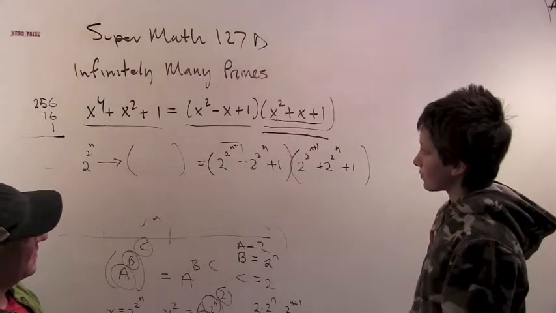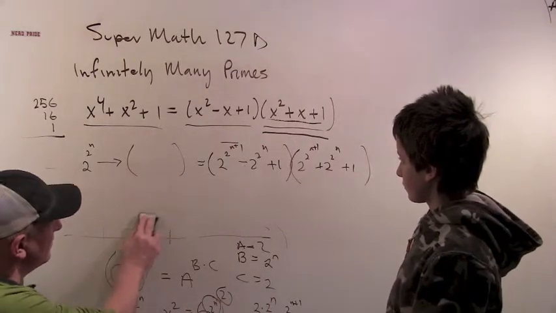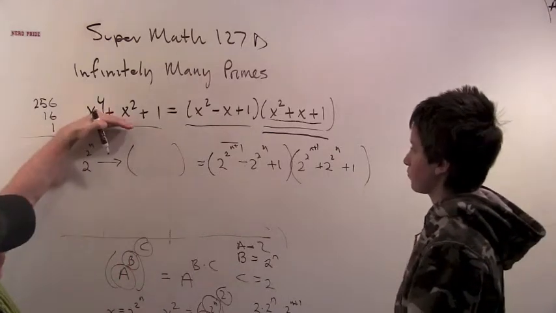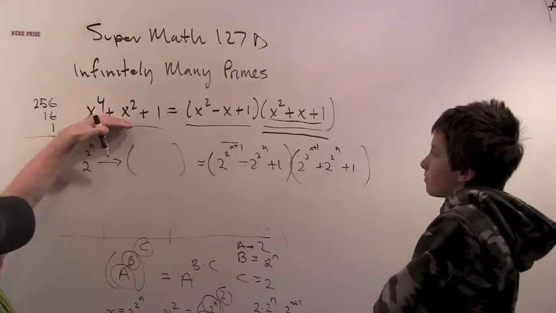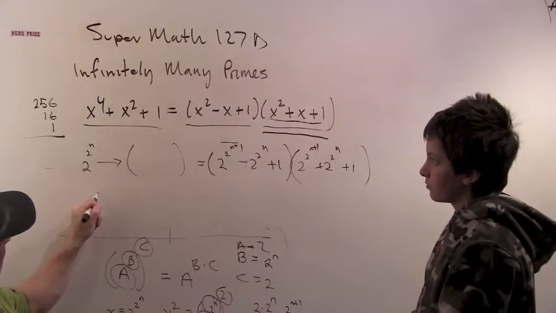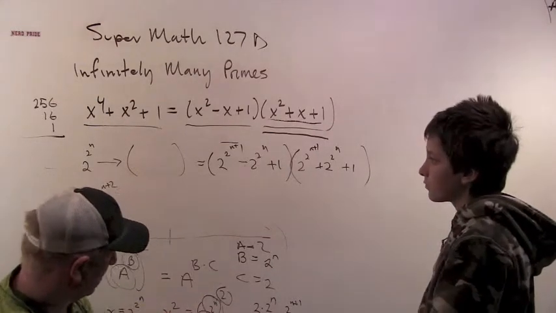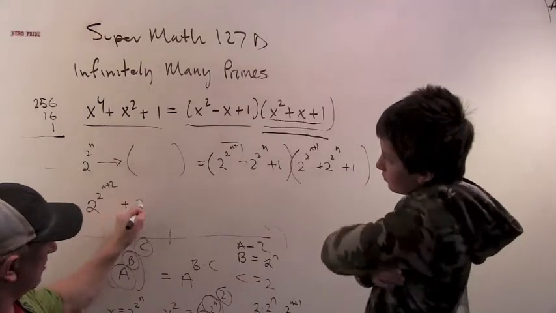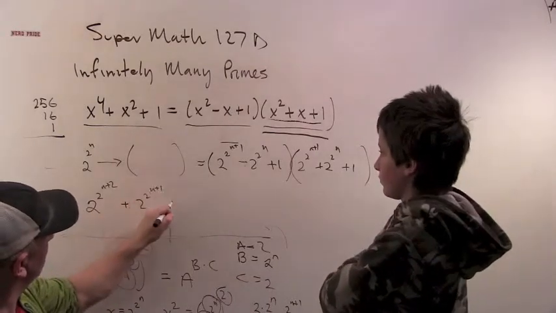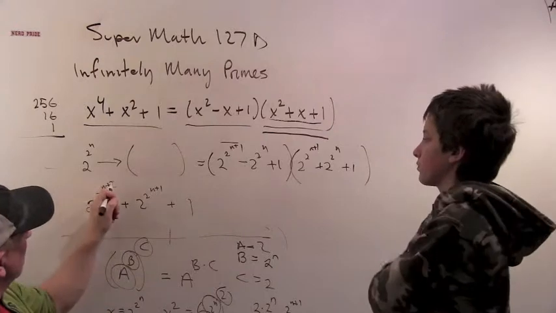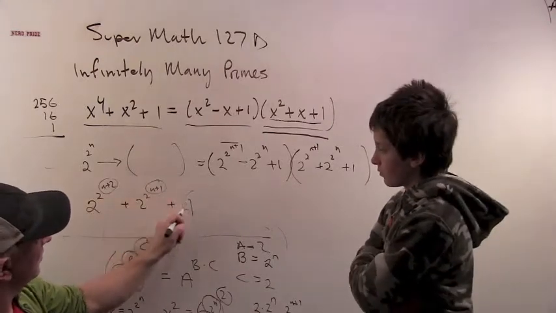So an interesting thing happens. This number, which is 2 to the 2 to the n plus 2, that's what we said x to the 4th was, plus 2 to the 2 to the n plus 1. See how it goes n plus 2, n plus 1, and then a 1?